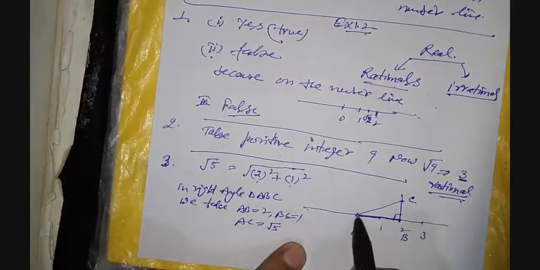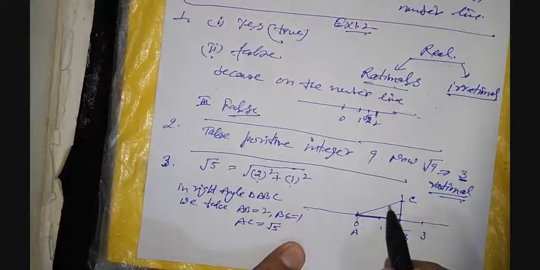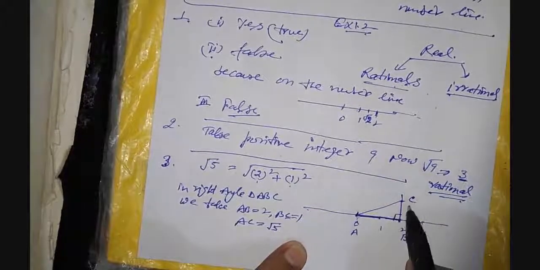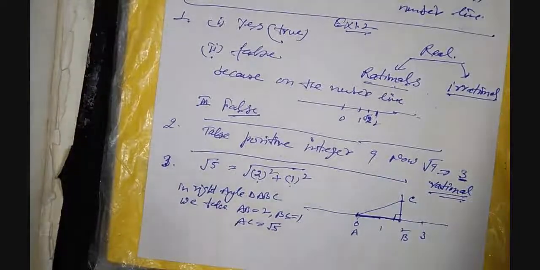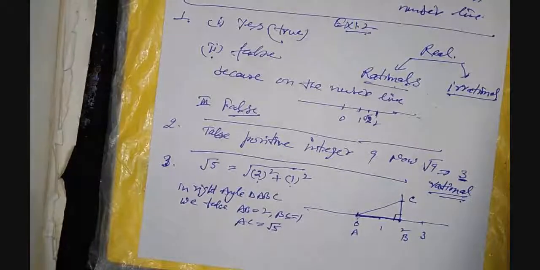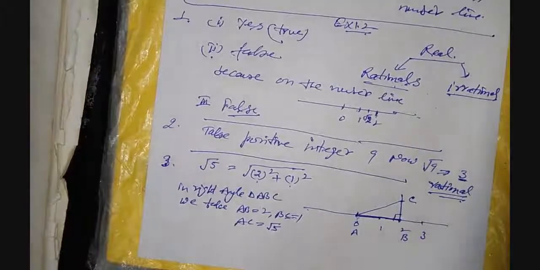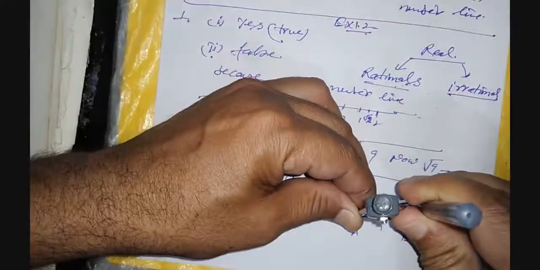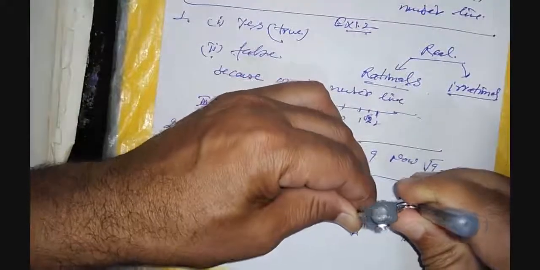Okay, now keeping this distance as radius, draw a semicircle in this way.